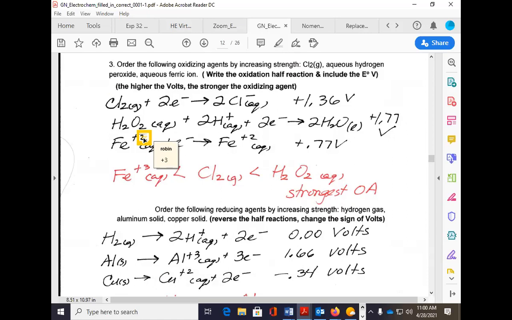So go ahead and put the reducing agents in order from lowest strength to highest strength.